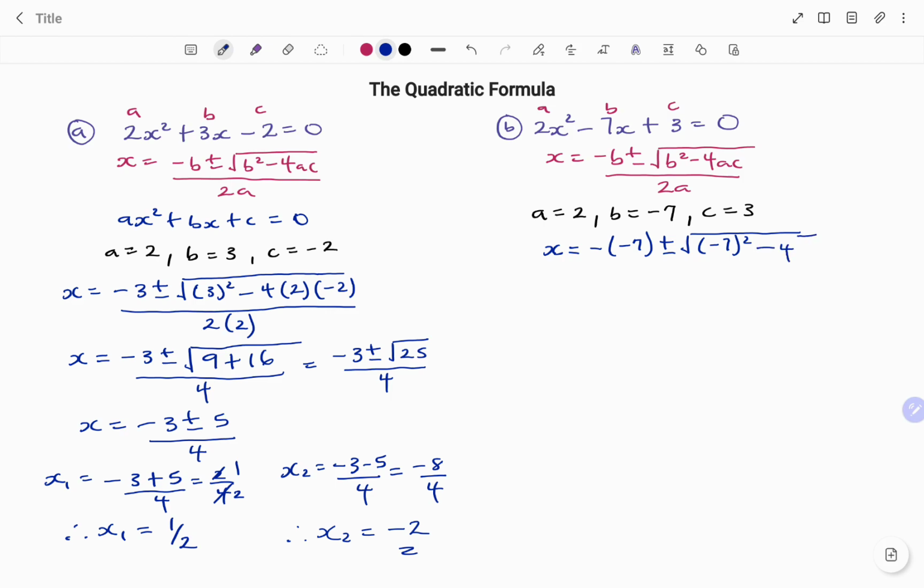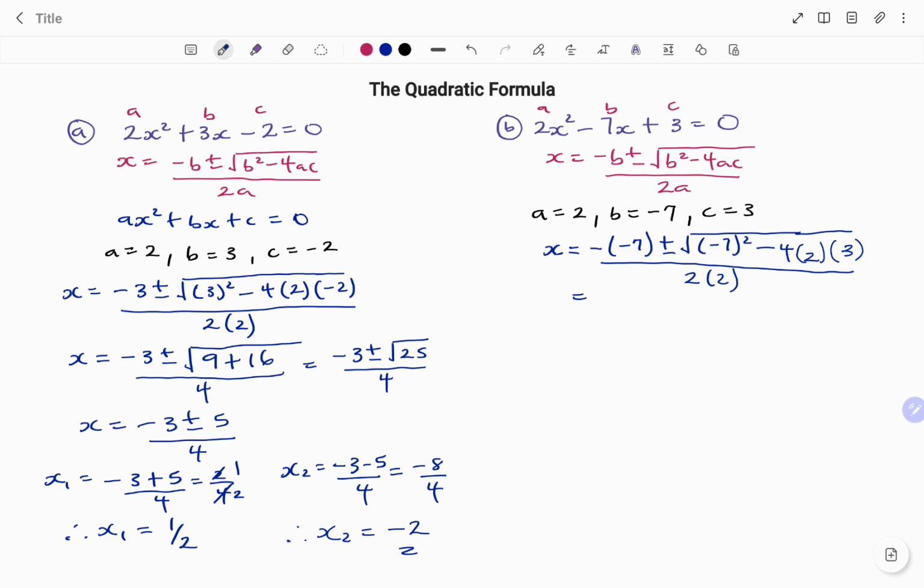I'm going to extend my roots bar, minus 4 times a is 2, times c, and c is 3. Divided by, I have my 2a, a is 2, so that's 2 times 2.